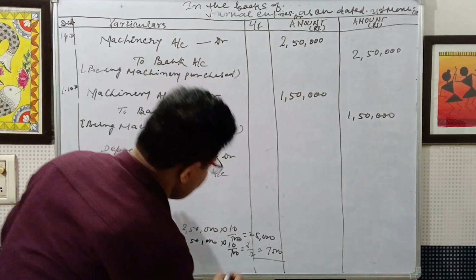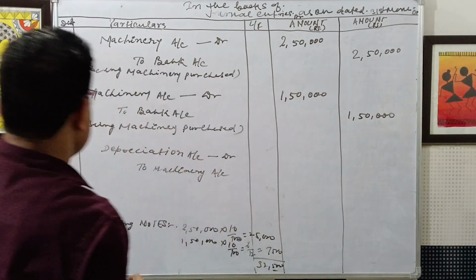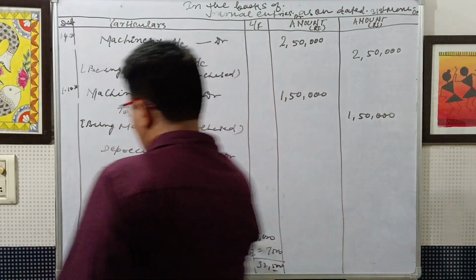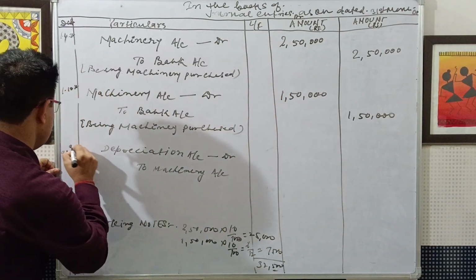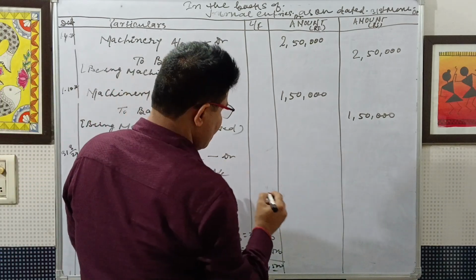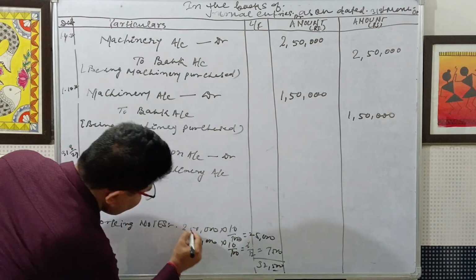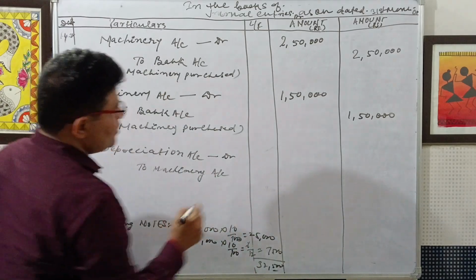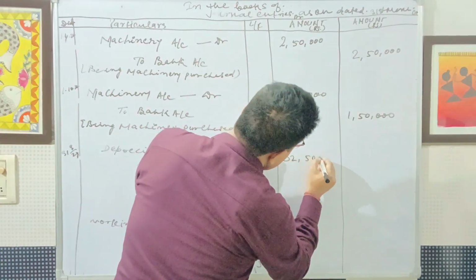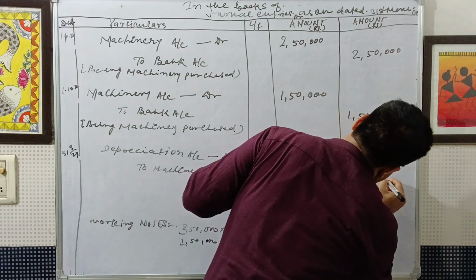So total depreciation is 32,500 on 31st March 23. Depreciation account debit to machinery account. This is the working note for the first machine and second machine. So depreciation charge here is 32,500 and here is 32,500.